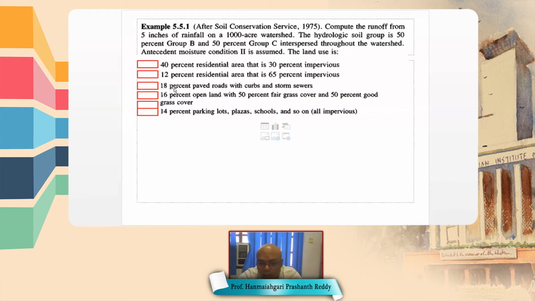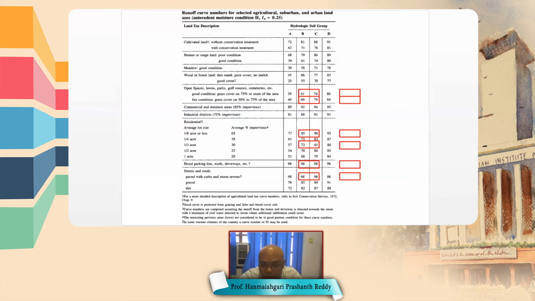Then 18% is paved roads with curbs and storm sewers. So for the paved roads with curbs and storm sewers, for type B the curve number is 98, and for type C the curve number is 98.